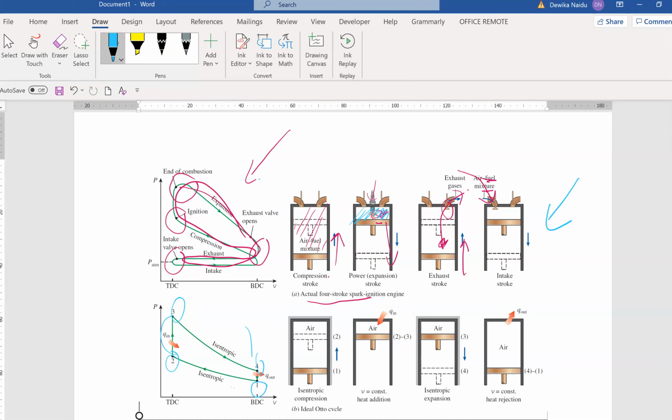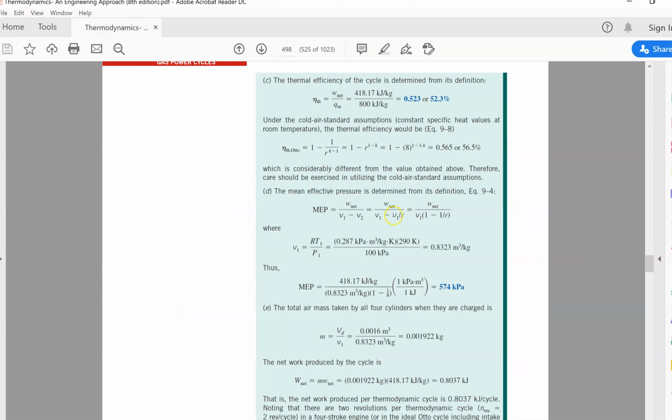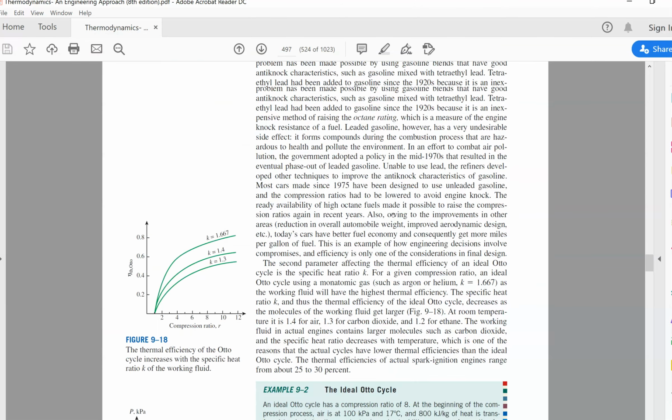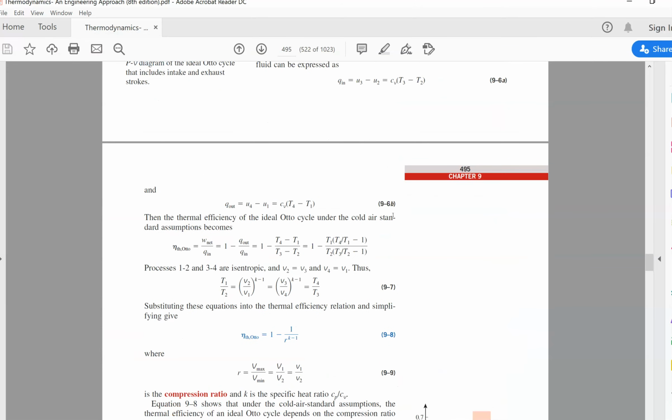So let's move on to solving one of the examples in the textbook. But before that, I want to introduce you to a formula. It's on page 494.